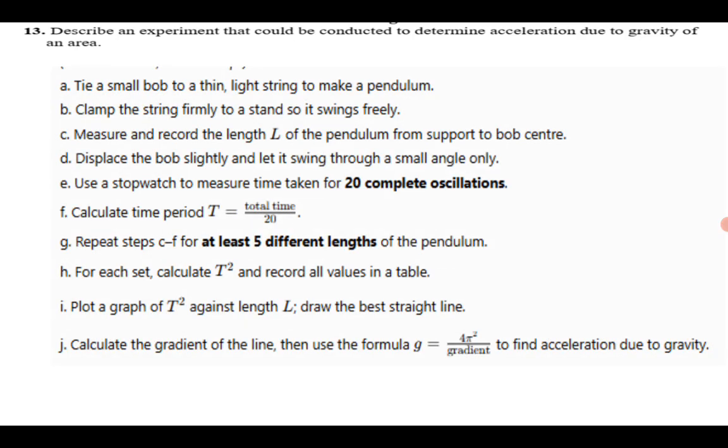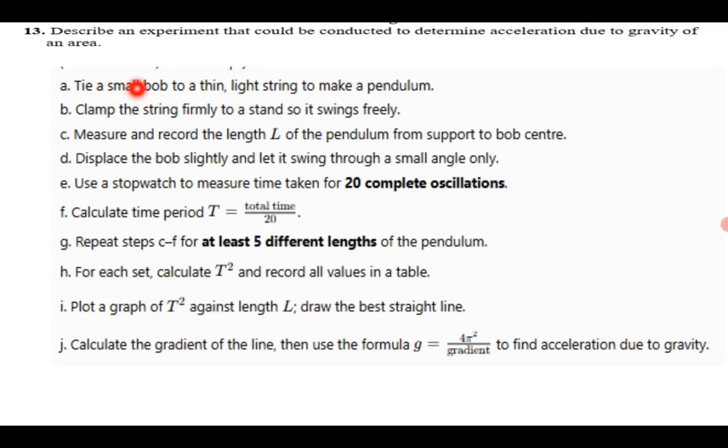Describe an experiment that could be conducted to determine acceleration due to gravity in an area. In other words, describe an experiment that you can do to calculate the value of g. So the description takes the following pattern.